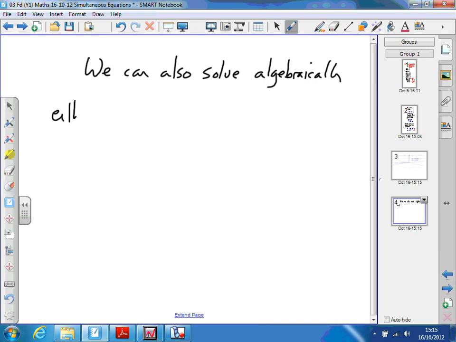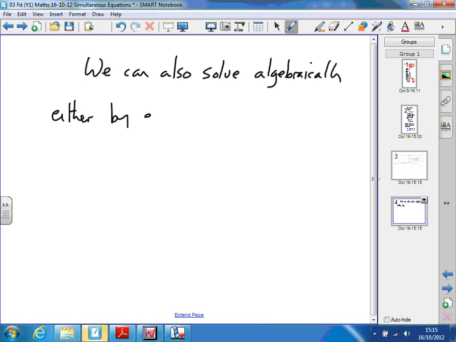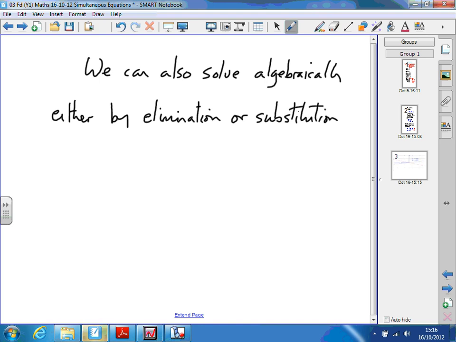Either by elimination or substitution. Elimination or substitution are the two techniques.